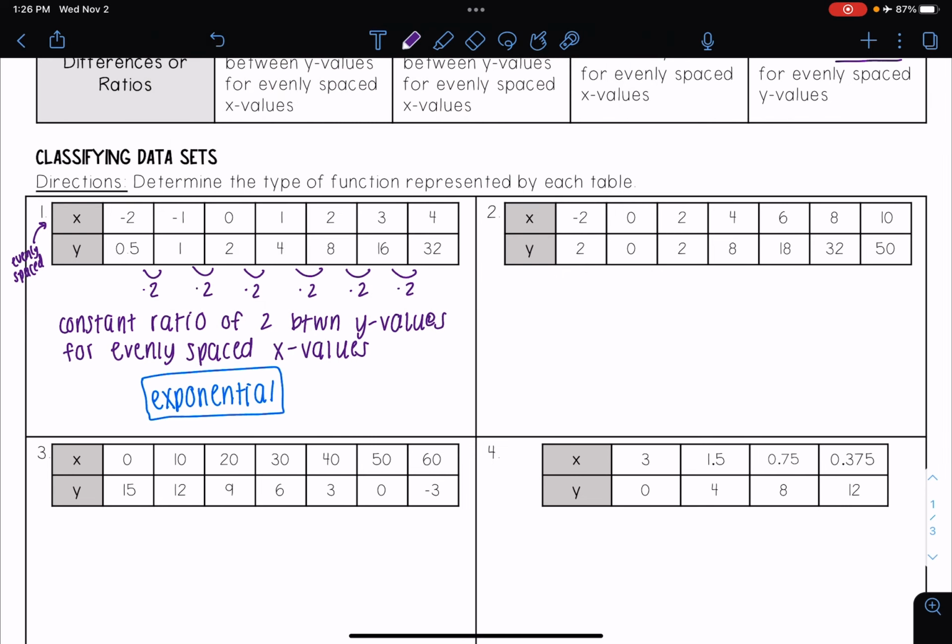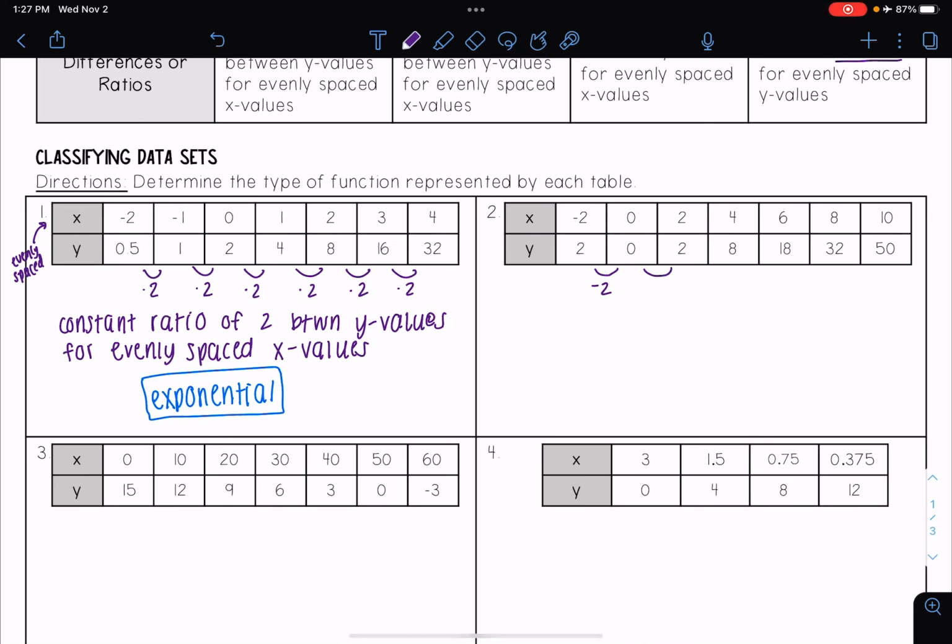Number 2, I see my x values go from -2, 0, 2, 4, 6, 8, 10. So I'd say I'm going up by the same amount each time. So my x values are evenly spaced. Now looking at my y's, I see I go from 2 to 0 to 2 to 8 and so on. So I see I'm not multiplying by the same number each time. So I'm going to be looking at my differences here. To get from 2 to 0, I subtract 2.